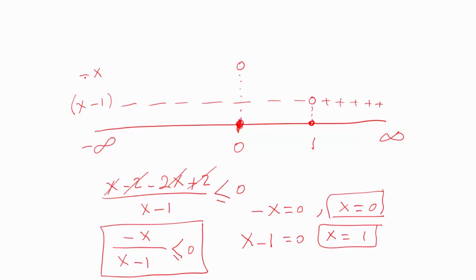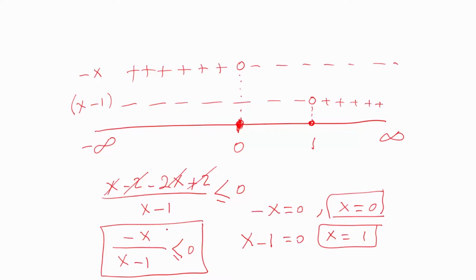Well, it would be minus minus 10, so it would be a positive number. Anything less than this would give you a positive number for -x. Anything more than 0, such as 1, if x is 1, the -x would be negative 1. So everything to this side would be negative.